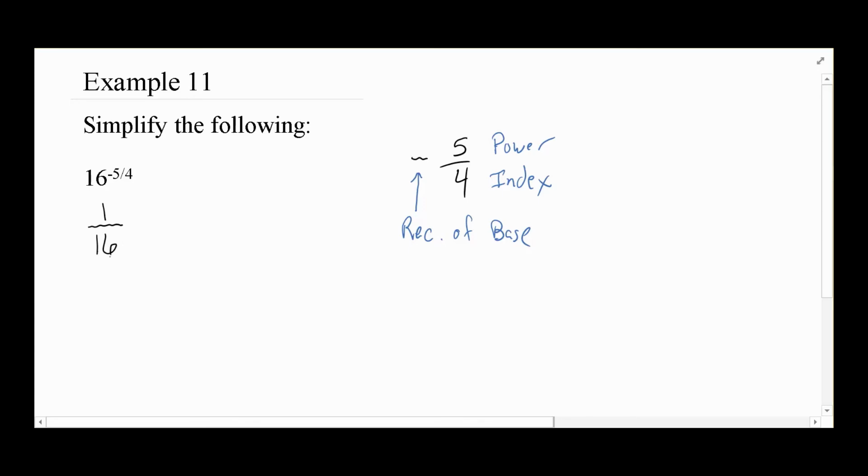Now we're going to apply the 5/4 power by saying the index of my radical is 4. The power I'm raising to is 5. Now this radical and power can be applied to the 1 as well, but 1 taken to any radical is still 1. 1 raised to any power is still 1. So let's focus on the bottom.